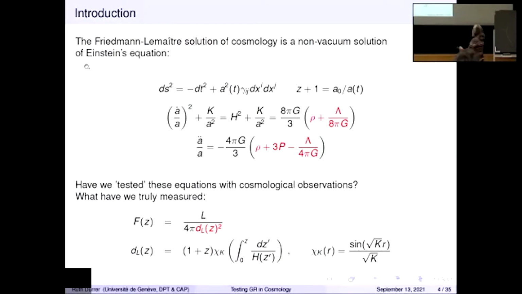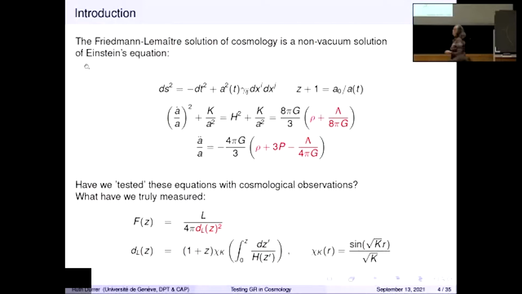H is a dot over a, the rate of expansion of the universe, which itself is given by the energy density of matter and the cosmological constant and the curvature. If I would know these quantities, I could calculate this function.